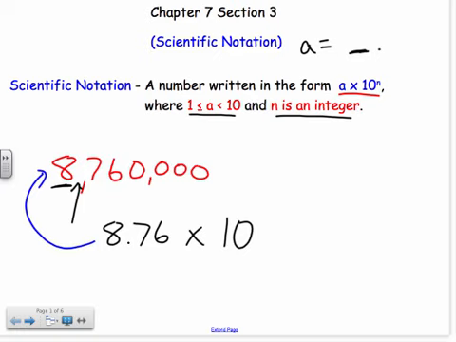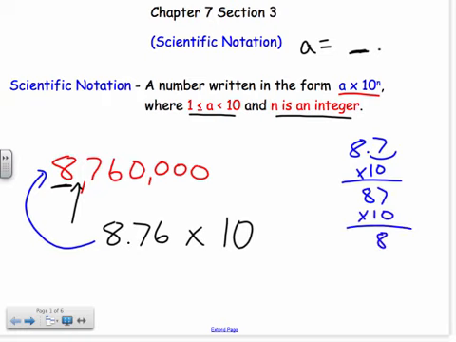Well, when I multiply by 10, it just moves my decimal one spot to the right, or it adds a 0 to the number. So for example, if I had 8.7 times 10, it just moves my decimal 1 to the right. So I get 87. If I multiply that by 10, now I just add a 0 onto that 87.